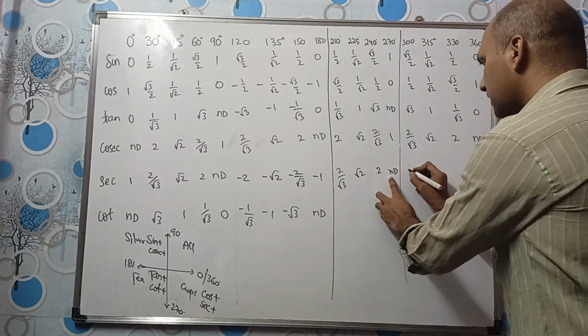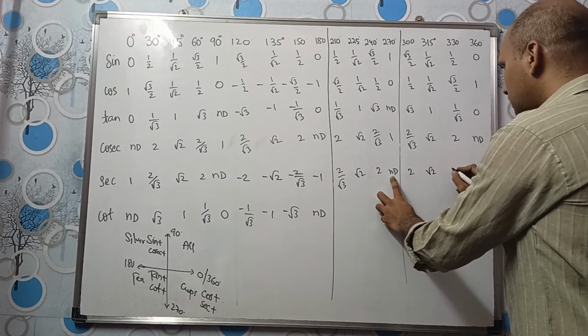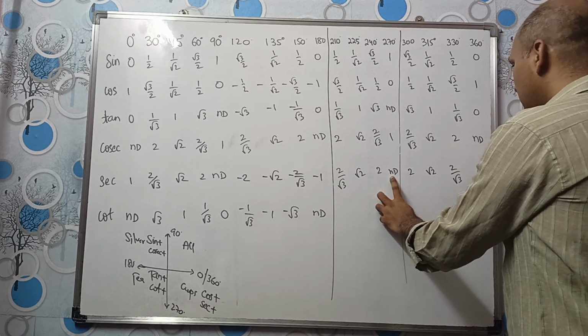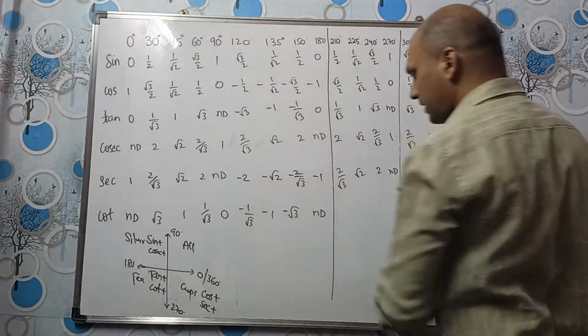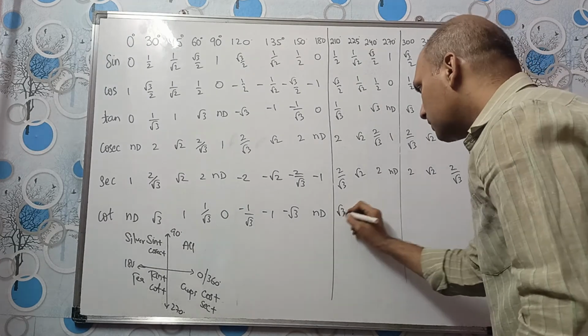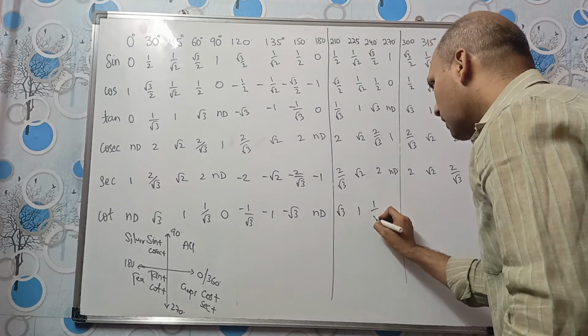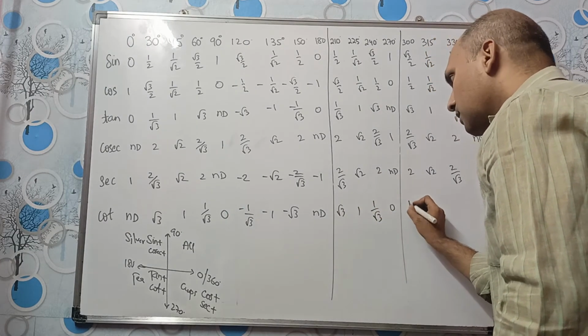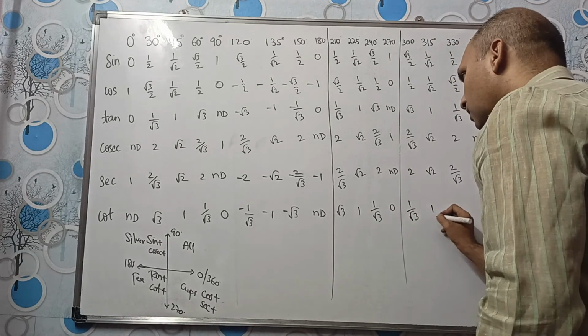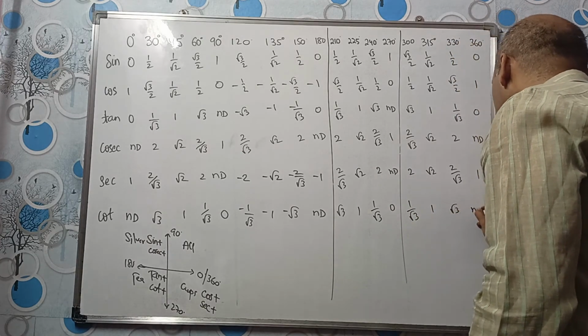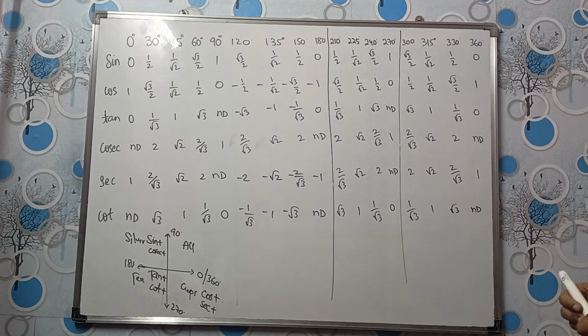If you place the mirror here, 2, root 2, 2 by root 3 and 1. The same values will come here, right? Now this will be root 3 and 1, 1 by root 3, 0, 1 by root 3, 1, root 3 and not defined. We got all the values.